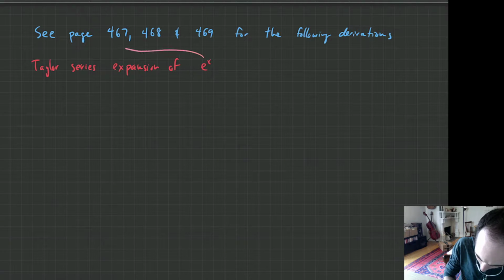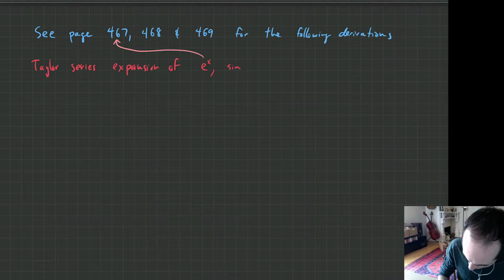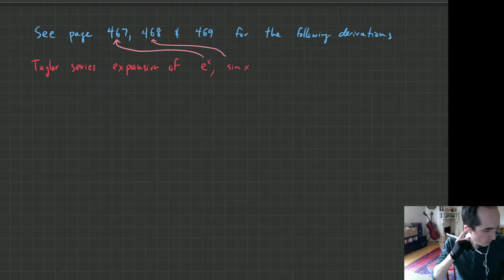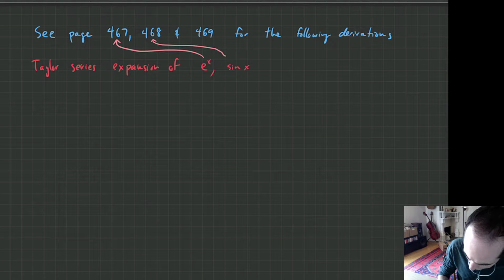I'll just make a little arrow here. And then I think the next one is sine of x. Yes, sine of x is on 468. Yeah, they're just proofs, and I'll do one of them, and you'll see what I'm talking about. It's quite straightforward.